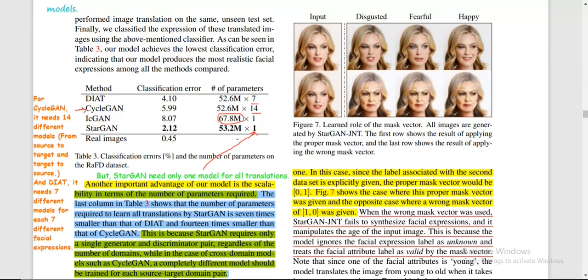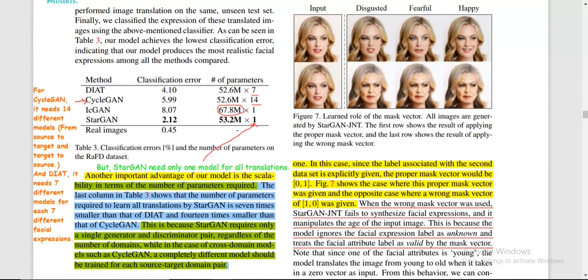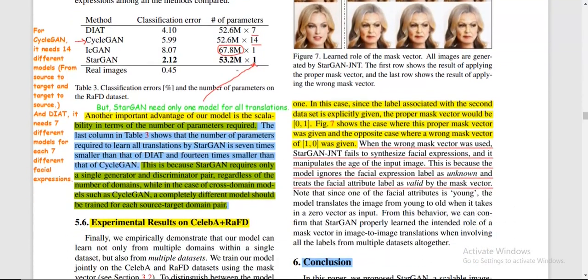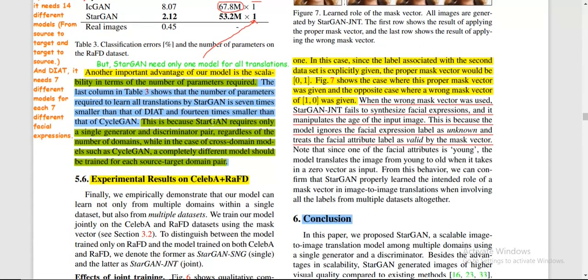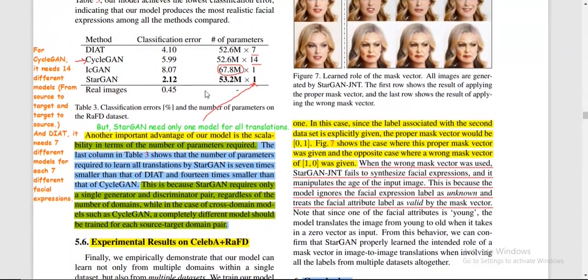So the total number of parameters is times 14, but in StarGAN it is only 1. This is because StarGAN requires only a single generator and discriminator pair regardless of the number of domains, while in the case of cross-domain models such as cycle GAN, a completely different model should be trained for each source-target domain pair.